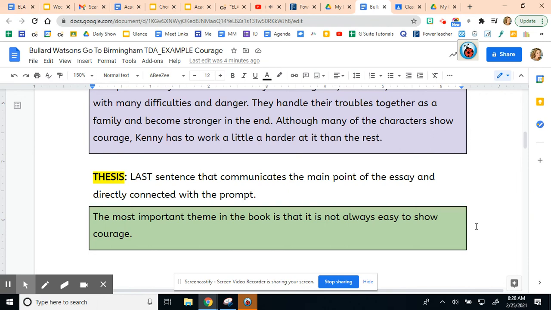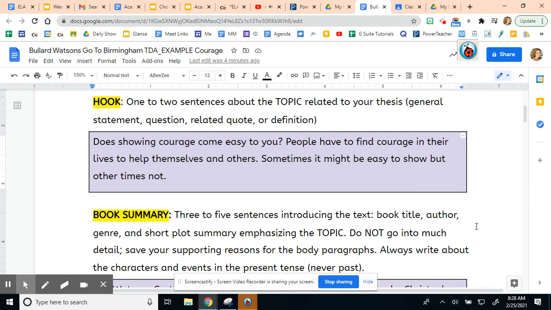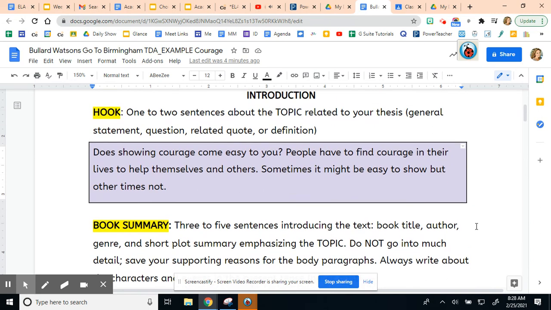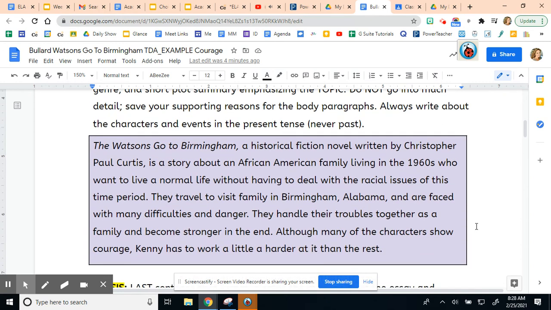All right, that's the end of the introduction. You should have all 3 parts, and it should look very similar to mine with your hook sentence, or sentences. You might have more than one. Your book summary, 3 to 5 sentences. Make sure that you're writing in the present tense. I didn't mention this earlier. When you're writing about a book, it's never in the past tense.